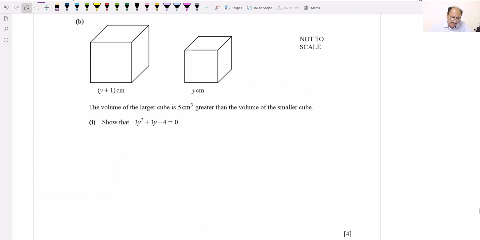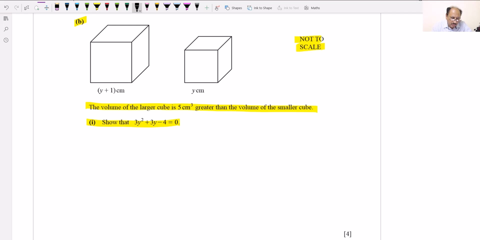Now we can move to the B part. It says the drawing provided is not to scale. The volume of the large cube is 5 centimeter cube greater than the volume of the small cube. We need to show this, so we will have to form a quadratic equation.